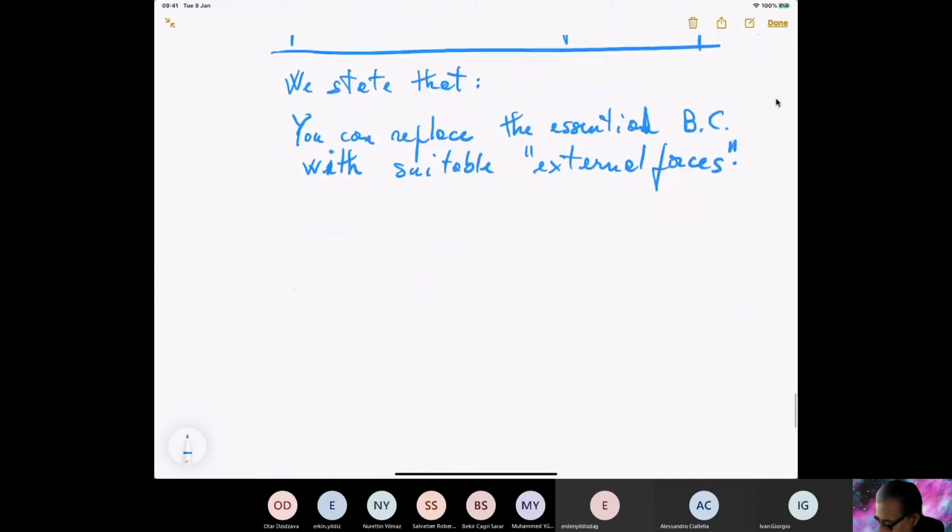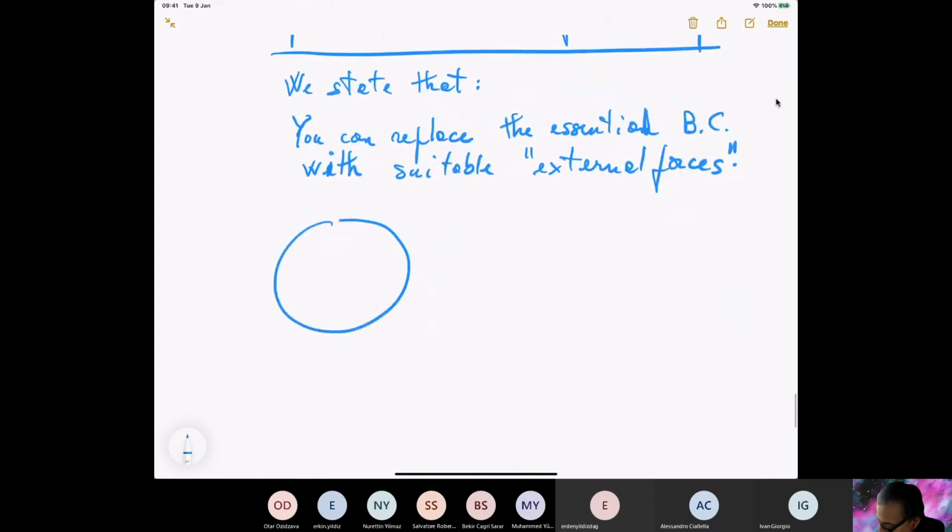So the idea is the following. Imagine that you have a body. You block this body here, and you apply forces on the free part. You remember, we divided the boundary into the part of the boundary where you gave essential boundary conditions, and the free part of the external boundary.